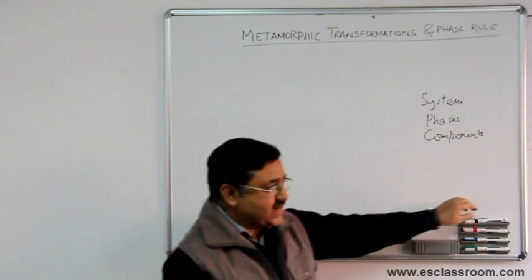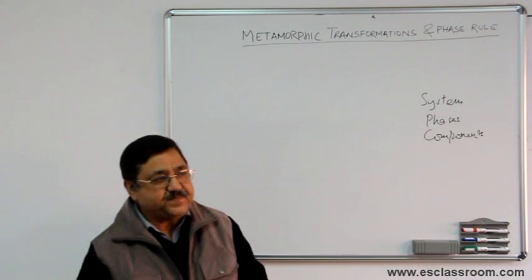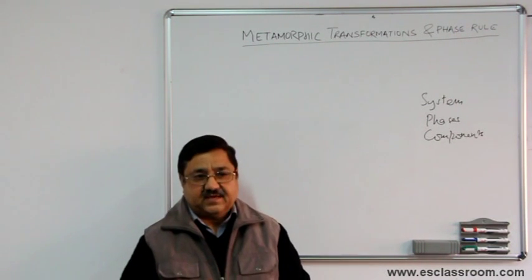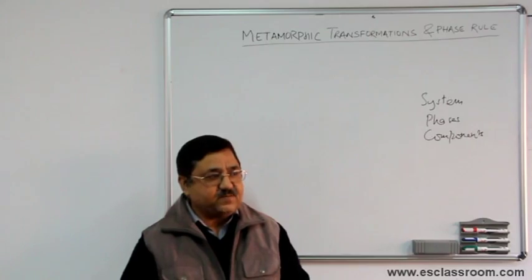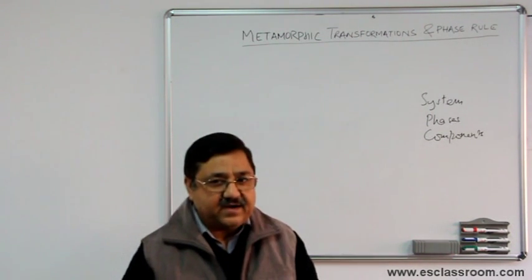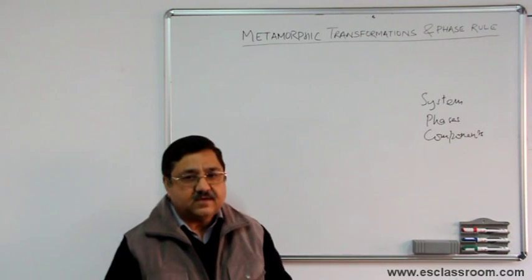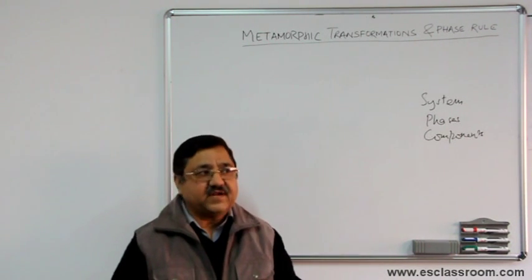Now, we can show this transformation in a simple system. The simplest system will be one where only one component is involved. That is, one minimum chemical entity which will define several phases.